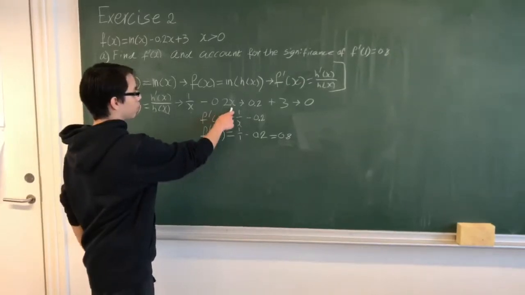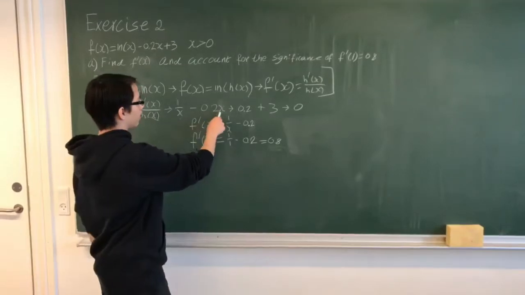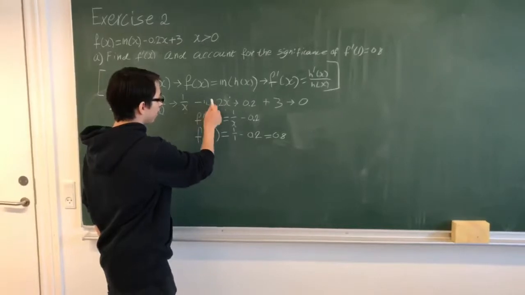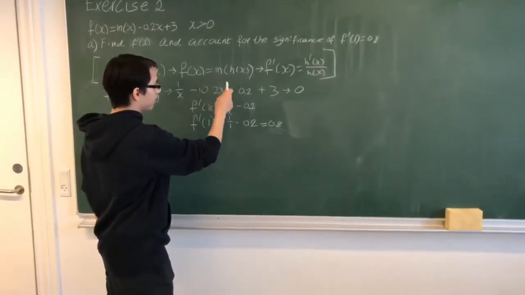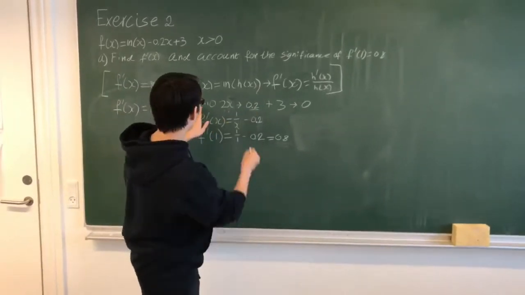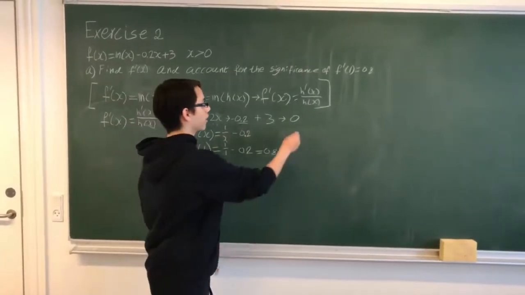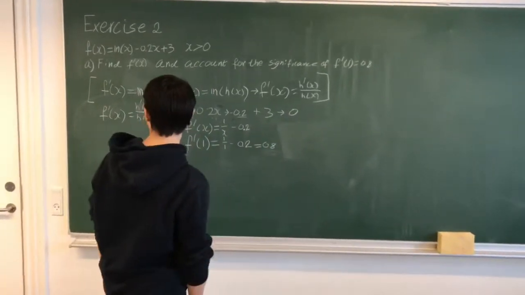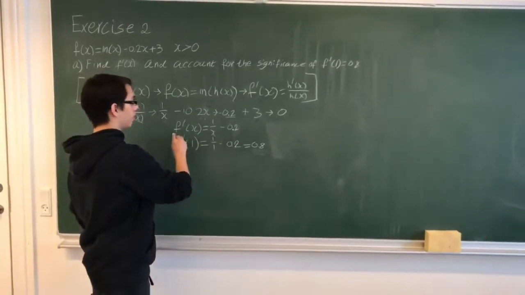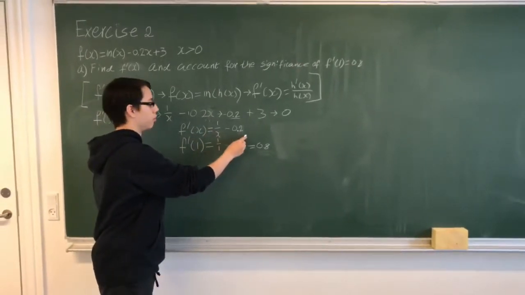And then minus 0.2x, which becomes 0.2 because of the power rule, as this is to the power of 1, times 1, which becomes 0.2, minus 1 just becomes minus 0.2, as we have the minus here, and then plus 3, and as this is a constant, it becomes 0. And this means that our derivative is f dash of x equals 1 over x minus 0.2.